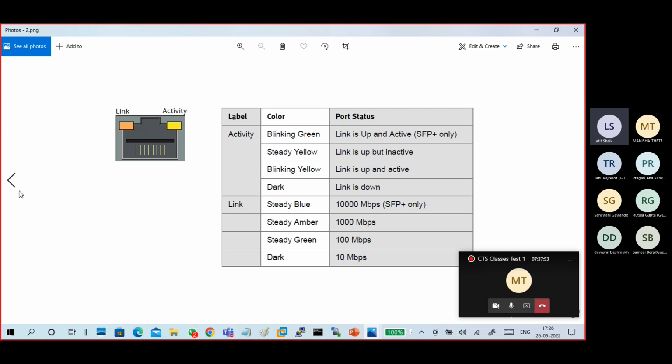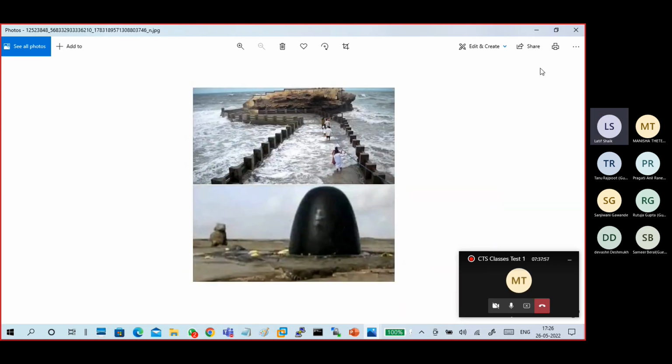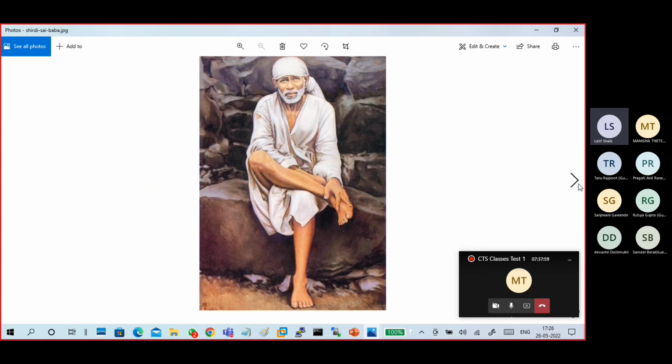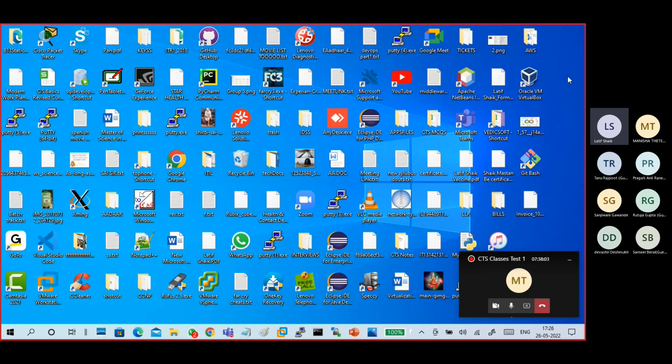I have some other pictures, but I missed some of them. I have another picture which is in my mobile phone only, so I didn't put that one. It is oil. At Corona time, I went to a shop for oil.